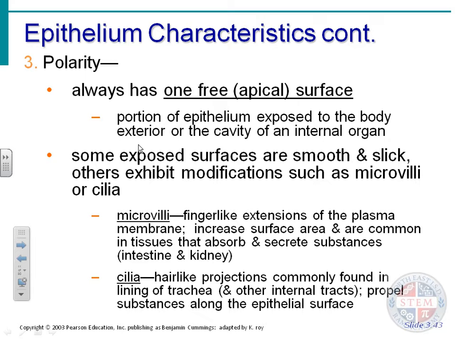Some exposed surfaces are slick and smooth, while others will exhibit modifications such as microvilli and cilia. Microvilli are finger-like projections of the cytoplasm. Basically, they increase the surface area for absorption, and you're going to find a lot of that mainly in two places, the small intestines and the kidney.